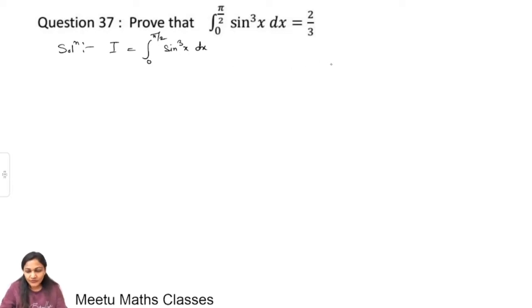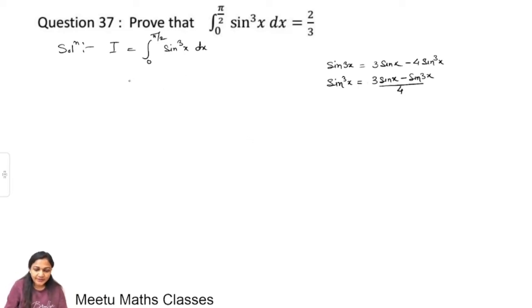We know the formula for sin 3x, that is 3 sin x minus 4 sin cube x, and from here the formula for sin cube x is equal to 3 sin x minus sin 3x divided by 4. So we can replace here sin cube x with 3 sin x minus sin 3x upon 4.